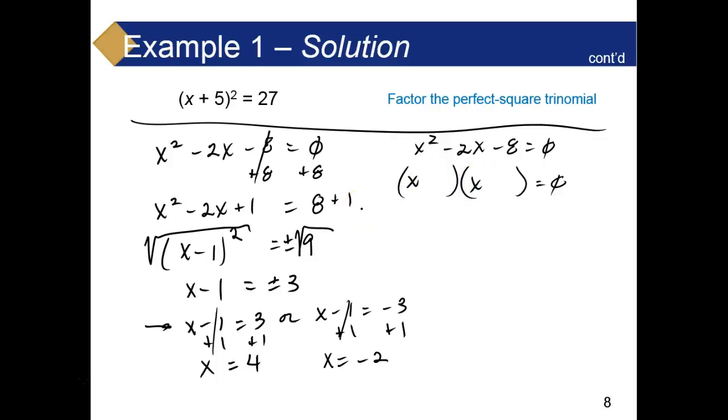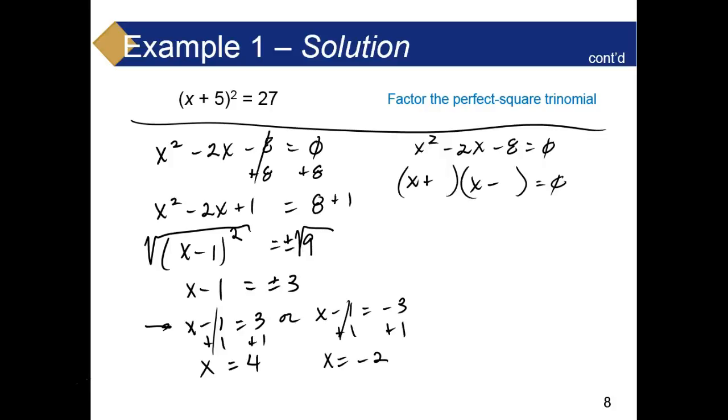Where do you look next? The sign of the last term. What is that? Negative. What does that tell you about these two signs? They're different, so one's going to be plus and one's going to be minus. Now you're looking for two numbers that multiply to be 8, and since these are different signs, their difference has to be 2.